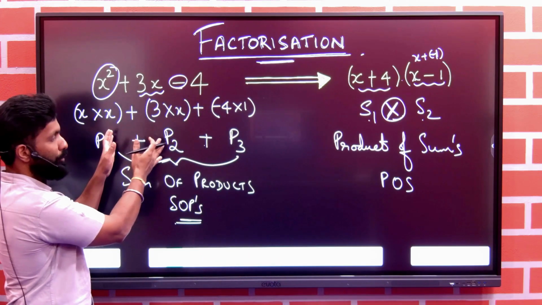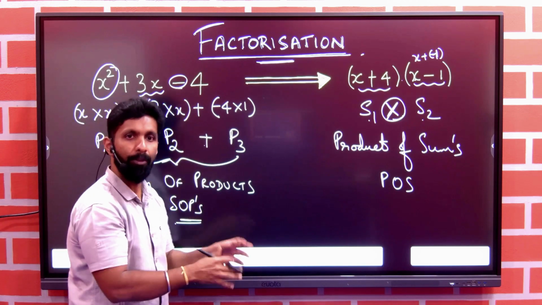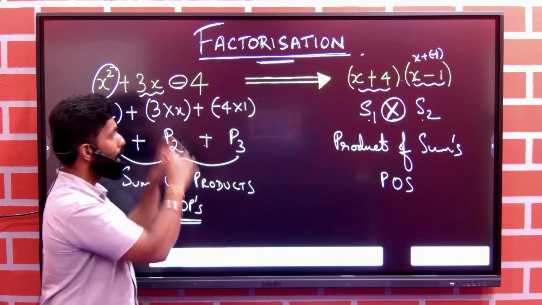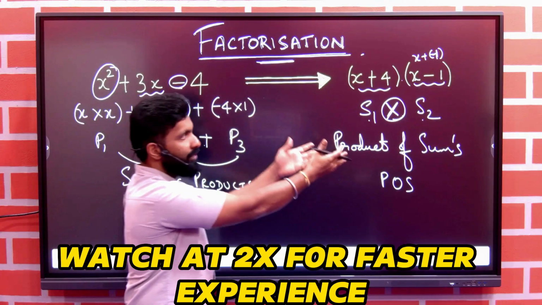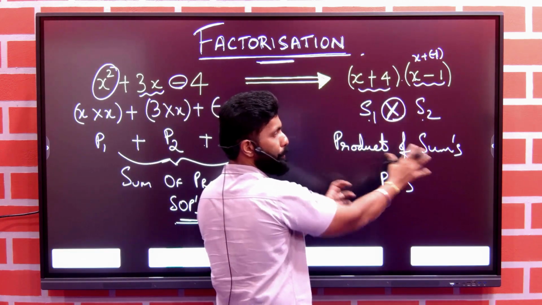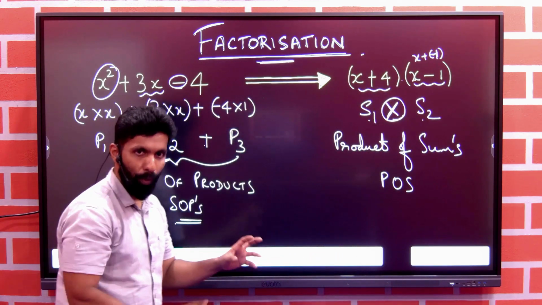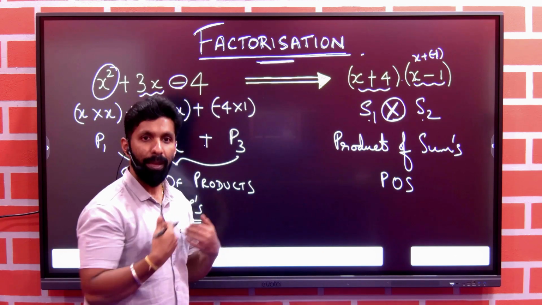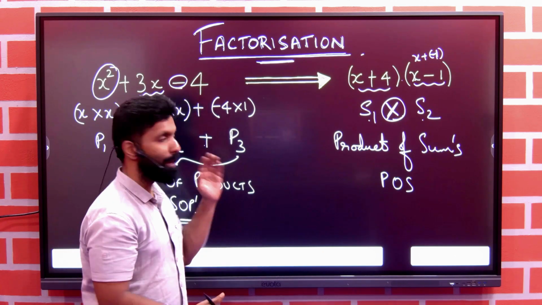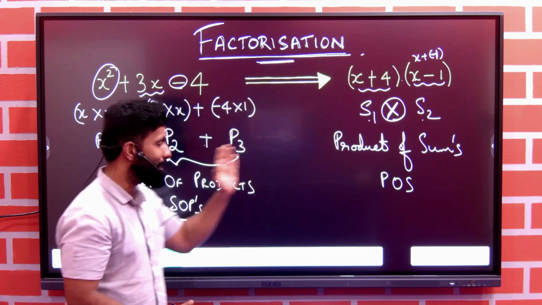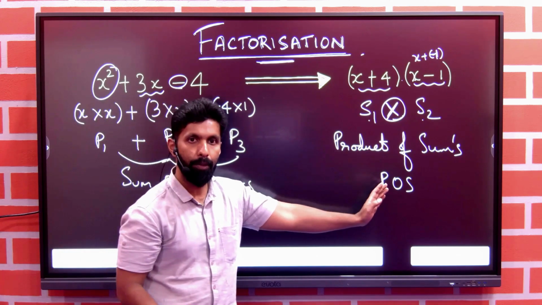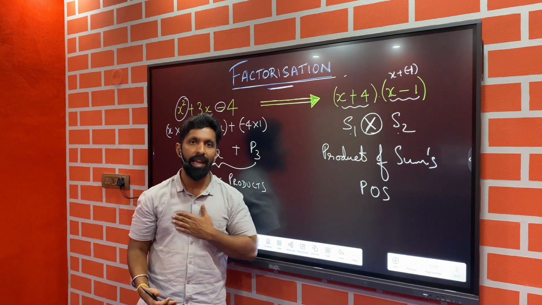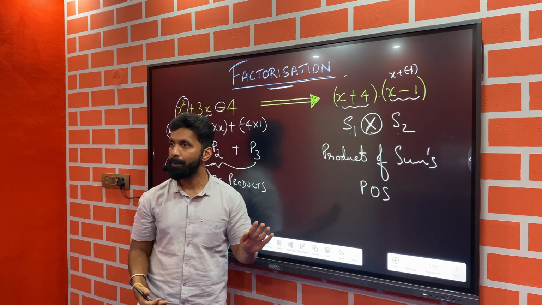So I have sum of products, I'm doing something, what I'm doing we are going to learn in the chapter, and I'm converting it into this form. What is this form? The product of sums form. What I do in between are the actual steps that we are going to learn in this chapter. But if I'm able to follow a few steps and convert sum of products to product of sums, that means I know factorization. As simple as that.